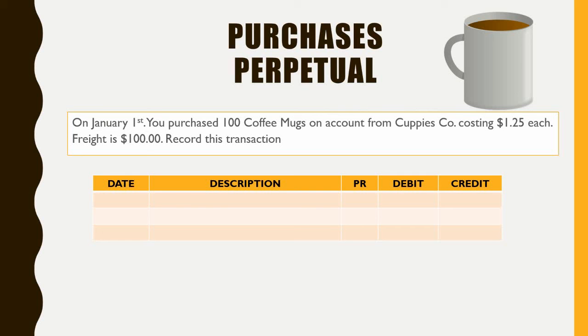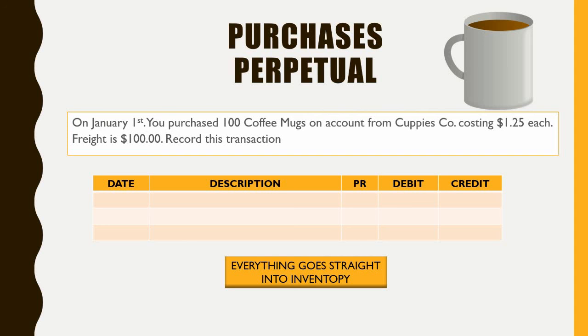No, because you purchased on account, correct? So you got the first portion, inventory, okay? Now, how much is going to be my inventory? It's 125 for the mugs plus the $100 for the freight, so the total is 225.